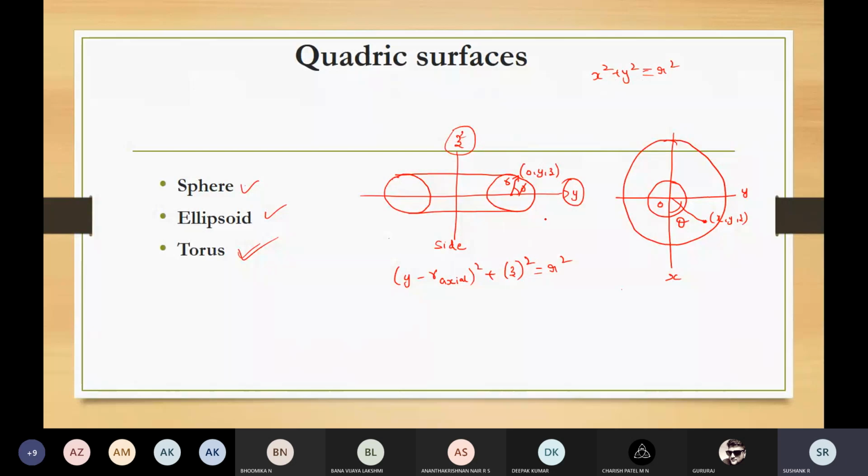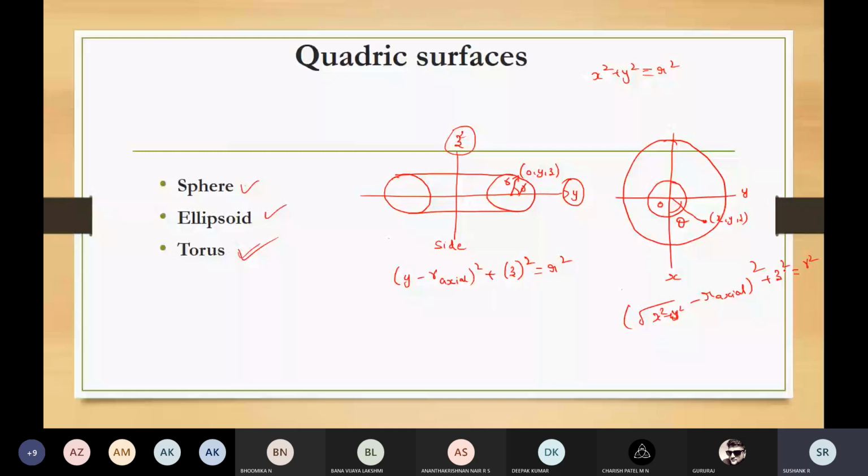Similarly, for the front view you can generate the equation: x squared plus y squared, minus the radial axis, the whole squared, plus z squared is equal to r squared.